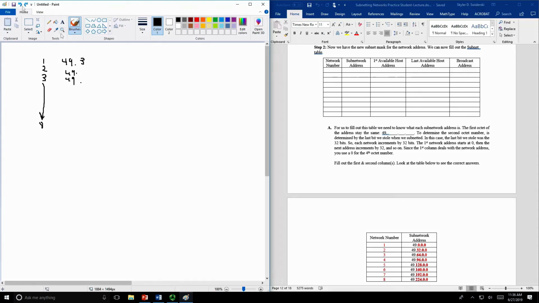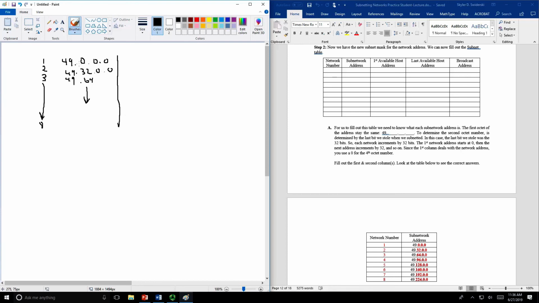The first subnetwork address will be 49.0.0.0. The next one will be 49.32.0.0, and so on. So just fill that in accordingly. Add 32 to each one, and remember what our last address is, 224, because of the subnet mask, and you can't go over 255.